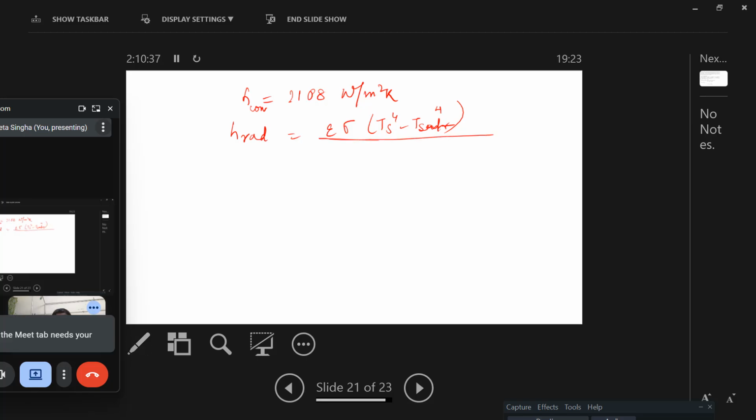This is Q radiation. If we want to find the h, just divide by the delta T. This will be around 28 watt per meter square Kelvin.